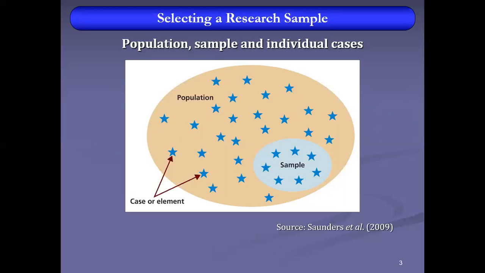The population is the whole number of people, employees, and elements involved in the research. Every single individual, every single case in the population is a person, a case, an element. And the sample is where we want to collect the data.